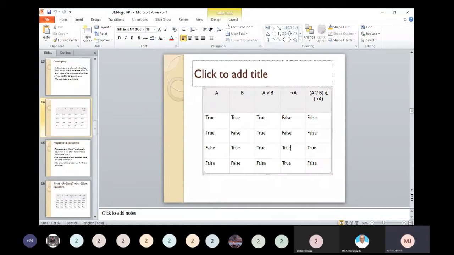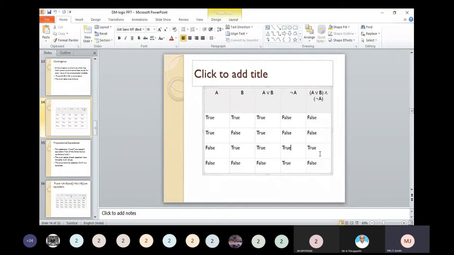If both the statements are true, then the result will be true. See here, in the 3rd row, the 3rd column is true and the 4th column is also true. So true and true, the result will be true.